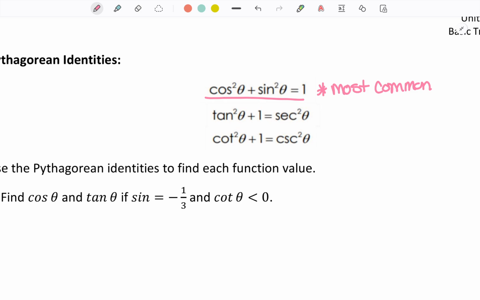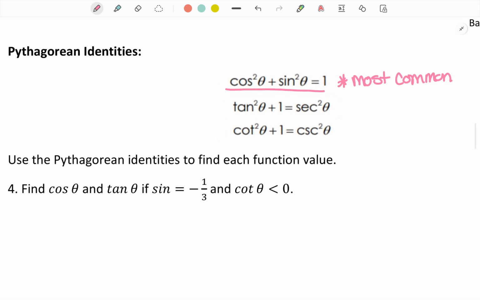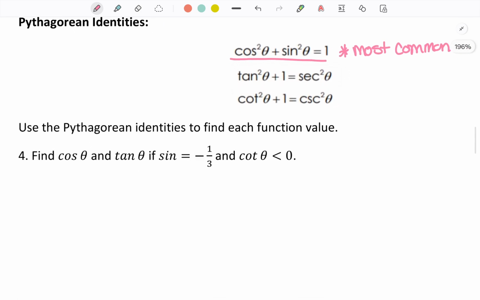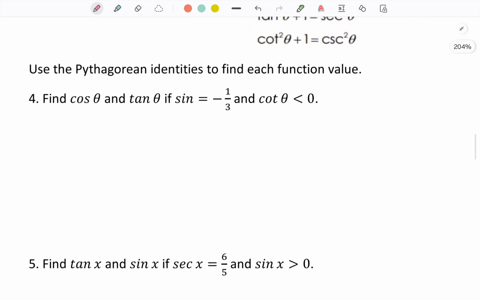Honestly, your tangent and secant will come up quite a bit too. And then your cotangent squared plus 1 equals cosecant squared. It doesn't come up as often, but you will see it throughout this unit. So do make sure that you are remembering and that you always look back at that identity sheet and make sure that you can recognize them all.